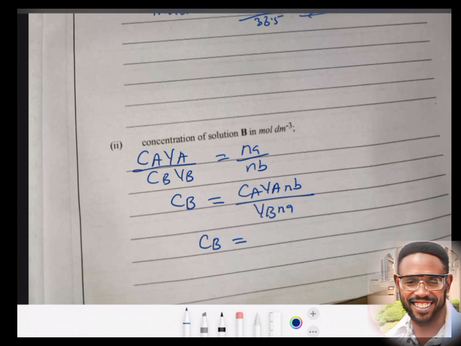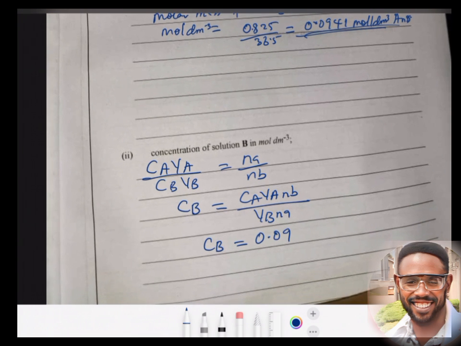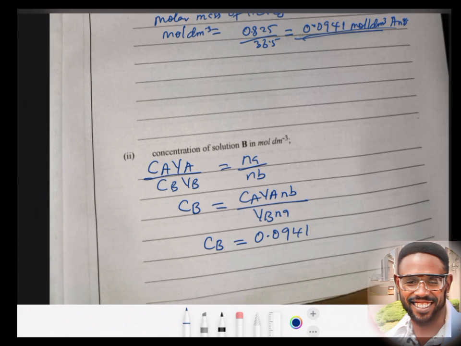So our concentration in mole per dm cube of B is the concentration of acid, 0.0941, times 25.17 times 1, divided by 25, which is the volume of the pipette I used as shown on my table, times 1. The answer here is going to be almost the same as 0.09, because 25.17 and 25 differ only infinitesimally.